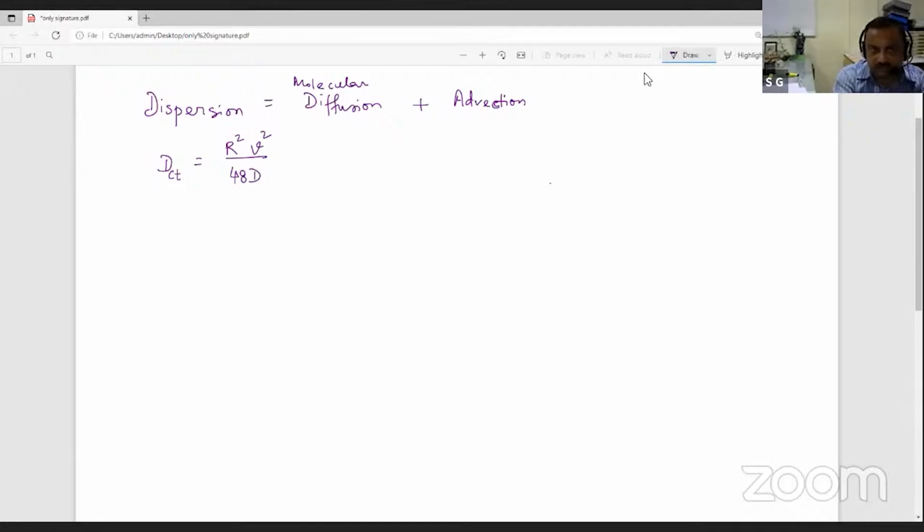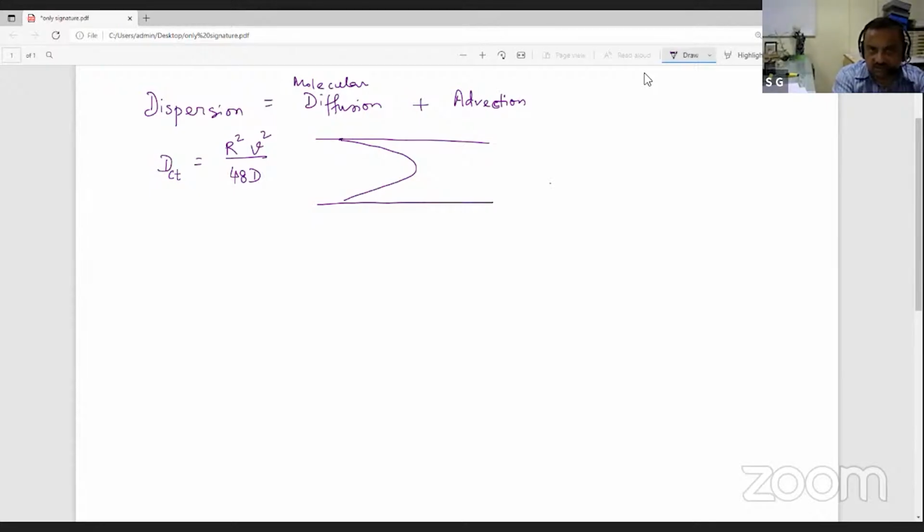This sort of dispersion comes into play because we have a parabolic velocity profile inside the capillary. So the step change that I impose, I thought that as if it is a plug flow, the step would have traveled just like a plug, just like a straight uniform front. But because of this parabolic nature of the velocity profile, the step itself would be twisted like this.